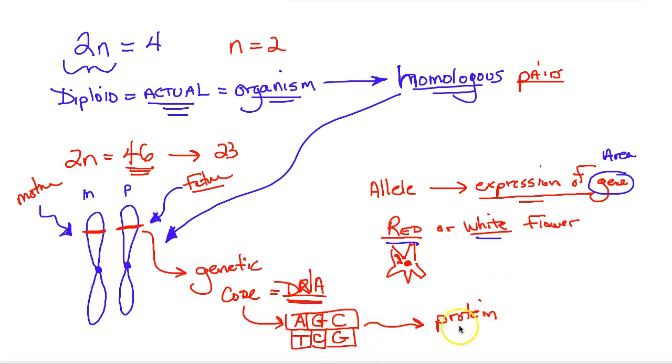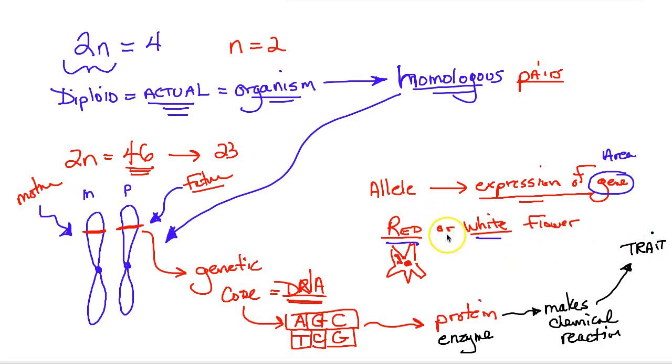All genetic codes eventually make proteins, and this protein basically becomes an enzyme, and we'll learn about all these specifics, which makes a chemical reaction occur, or catalyzes reactions, and the chemical reactions that occur make the trait.